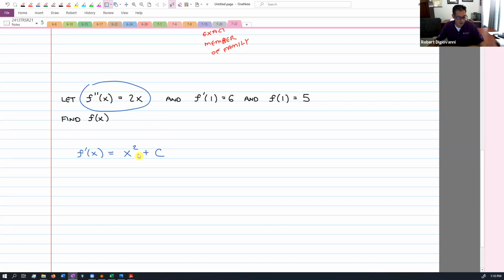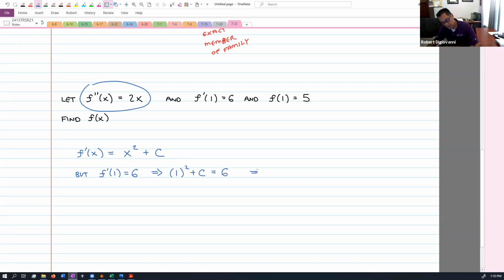Its antiderivative is this. Now we don't know what C is, but f prime of 1 must equal 6, which implies that when we plug 1 into the derivative, here, and add C to it, which we don't know what C is, we should get 6.